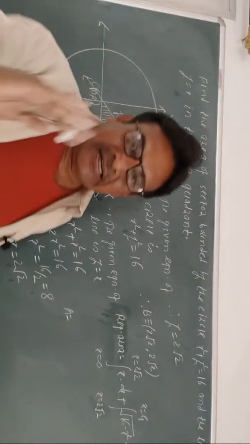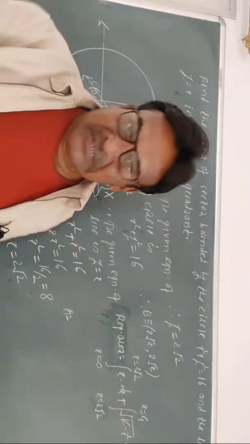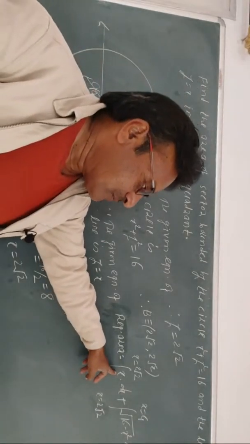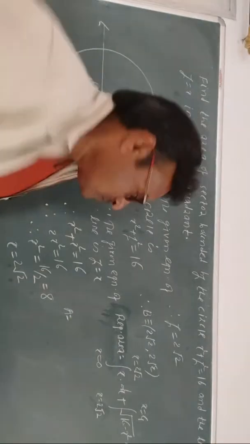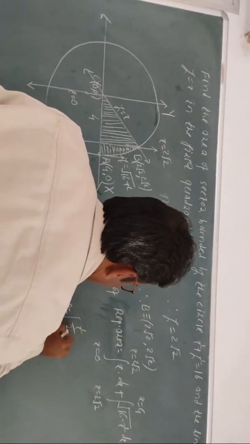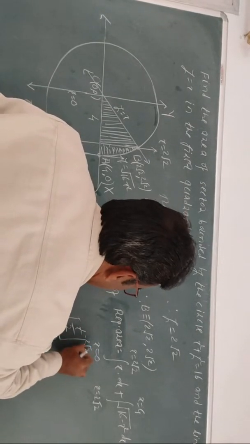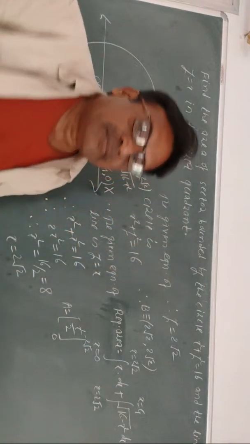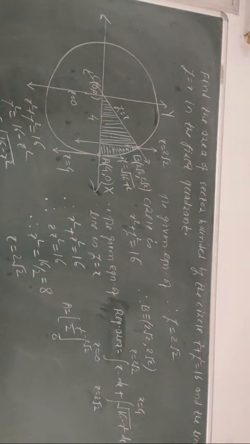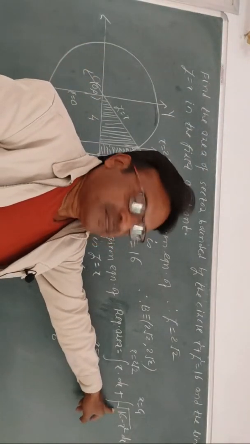Use the formula, integration of x to the power n into dx is x to the power n plus 1 upon n plus 1. Similarly, the integration of x into dx is x square by 2. So we write x square by 2 within limits 0 to 2 root 2. Next, we evaluate these integrations.